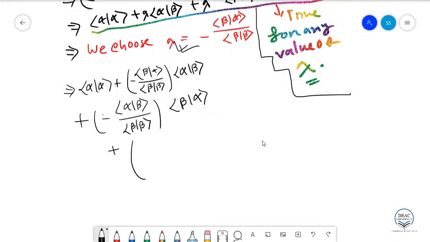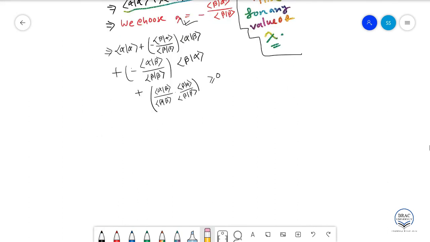The minus sign is gone, so first use the value of lambda, that is alpha beta over beta beta times beta alpha over beta beta, and this is greater than or equal to 0.